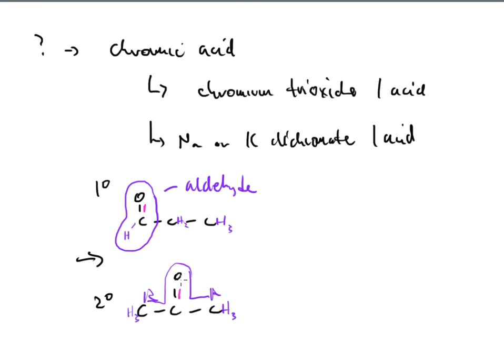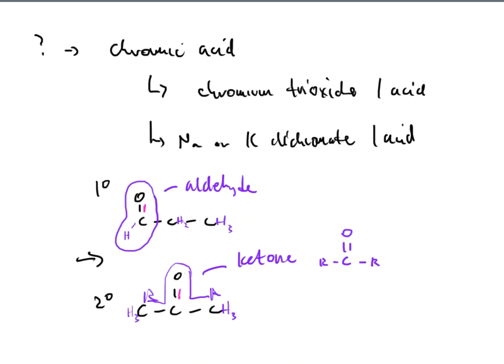It's on the inside, not on the outside, not on the end. And this is called a ketone. So a carbon double bond O with something on the left and something on the right, that's a ketone functional group. Primary alcohols oxidize to aldehydes. Secondary alcohols oxidize to ketones.